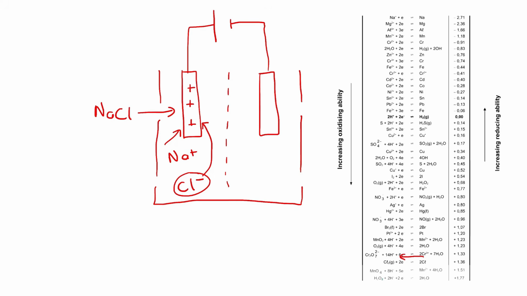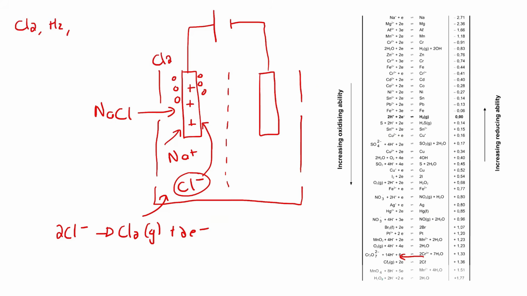Reaction: 2Cl- turning into Cl2, which is in the gas phase, plus 2 electrons. So you're immediately going to see some bubbles over here, and that is the Cl2 gas being produced. By the way, the whole process of the chlor-alkali industry is to produce Cl2, hydrogen gas, and sodium hydroxide. So we've just achieved our first goal.